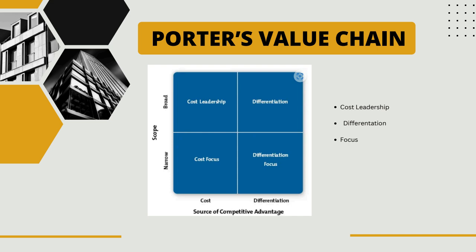And the basis of it is the average profitability in the long run is sustainable when you have competitive advantage. Competitive advantage meaning that you are the best in the market or in the industry with a particular product or service. And the two basic types of competitive advantage that a firm can possess is low cost or differentiation.